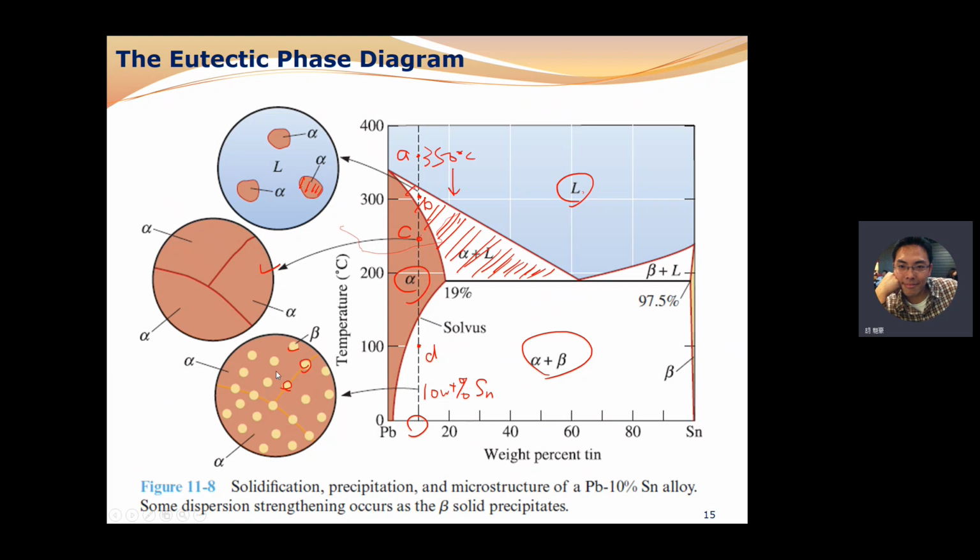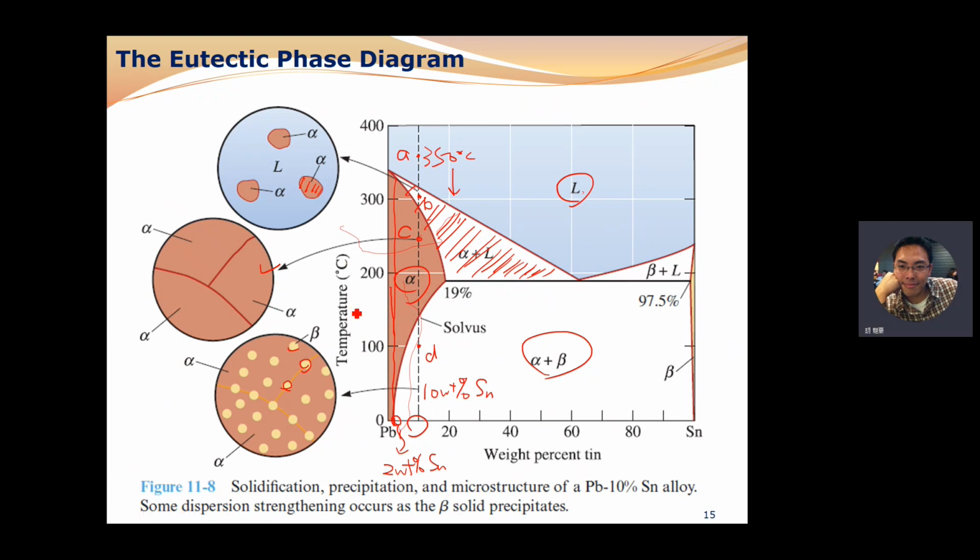So the 2% is right here, this point here. This point is 2% of tin. So I can draw a straight line here. I'm not good at drawing this straight line.